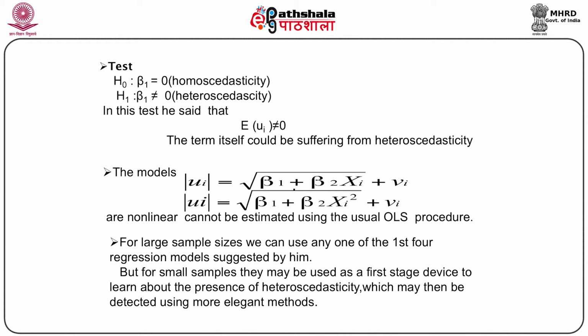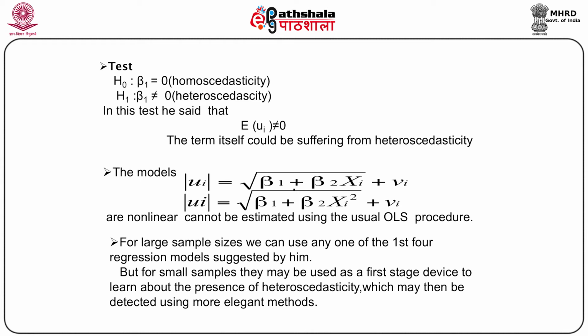An additional problem of the Glejser test is that the last two models, modulus of ui equals square root of beta 1 plus beta 2 xi plus vi, and modulus of ui equals square root of beta 1 plus beta 2 xi square plus vi, are nonlinear and hence cannot be estimated using the usual ordinary least squares procedure. Glejser noticed that in case of large sample sizes, we can use any one of the first four regression models suggested by him.